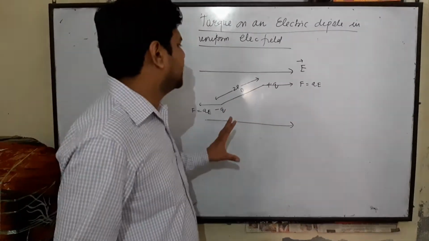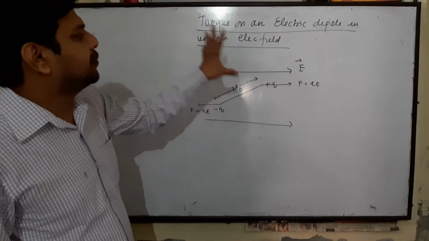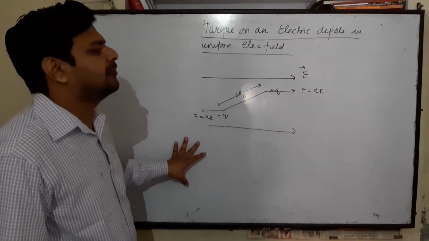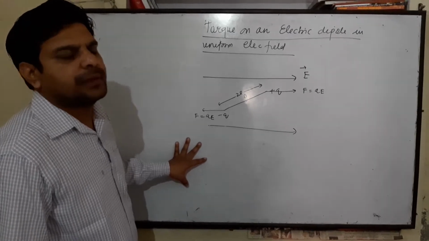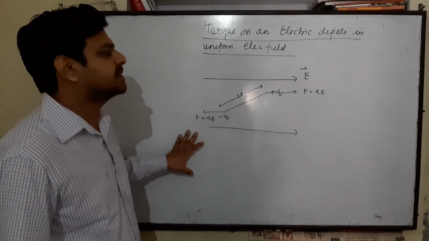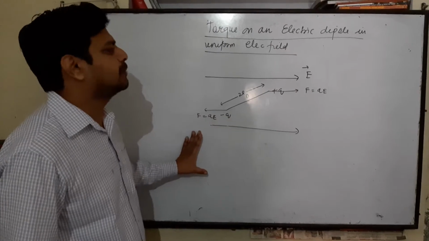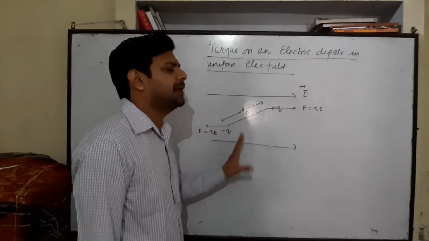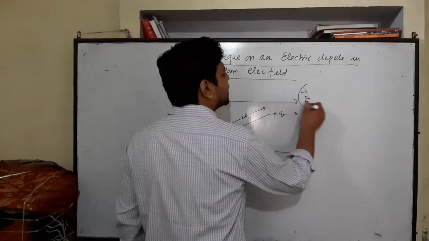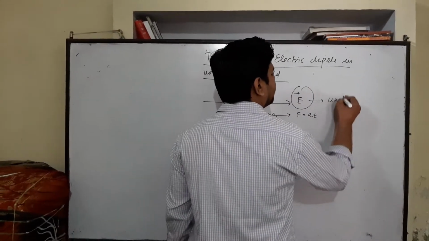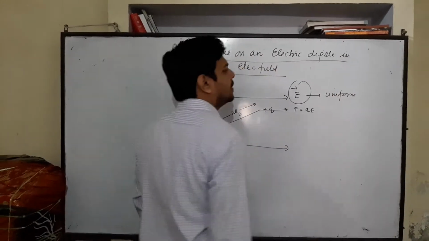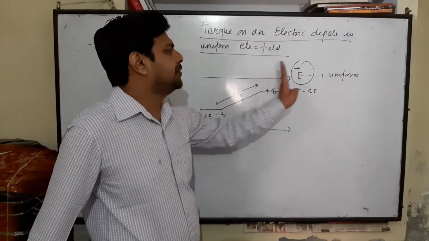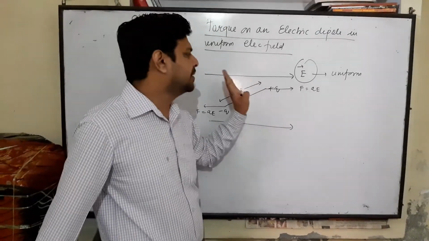So if we place a dipole in a uniform electric field, the net force acting on the dipole will be 0, because both charges experience the same forces in opposite directions. The net force on an electric dipole in a uniform electric field will be 0.